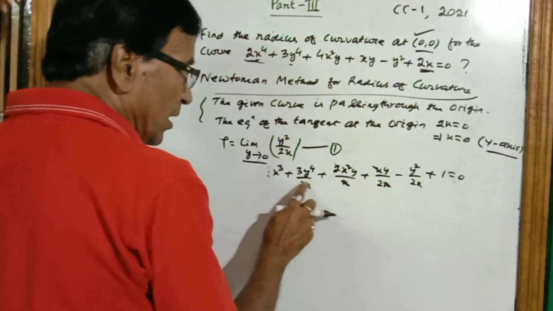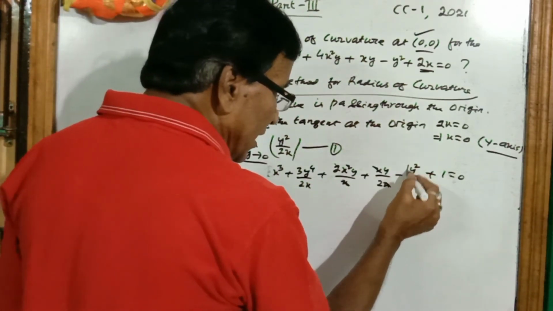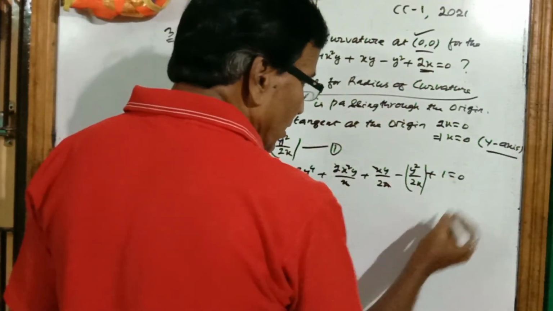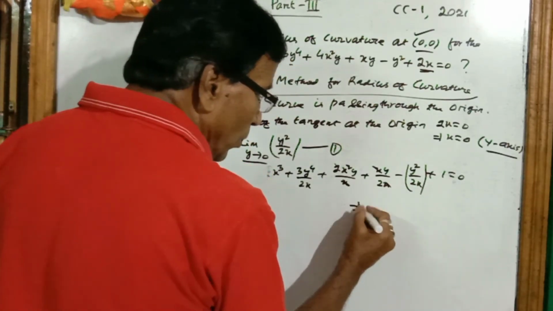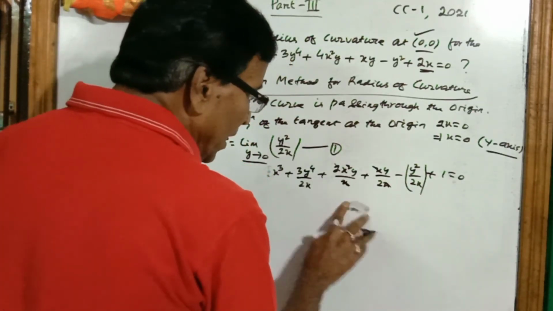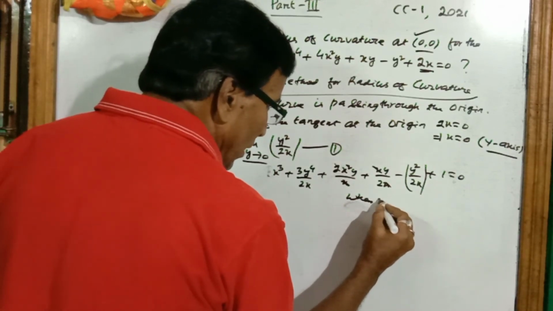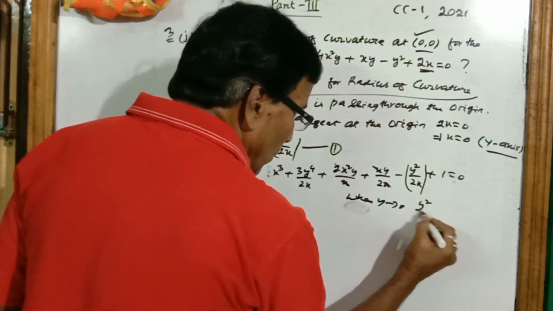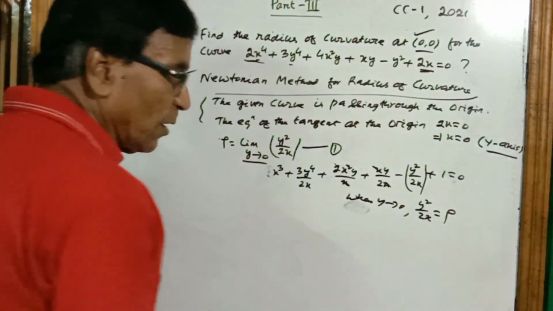Now we know that when the limit y tends to 0, for x to be 0 and y to be 0, all the terms will tend to 0 excepting these two terms. And we know that when y tends to 0, y square by 2x tends to rho, the radius of curvature.